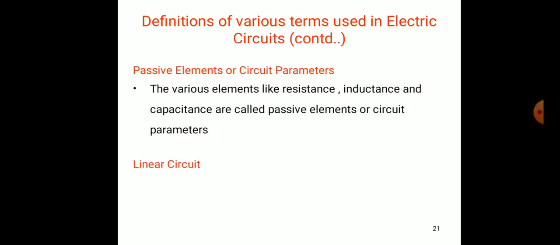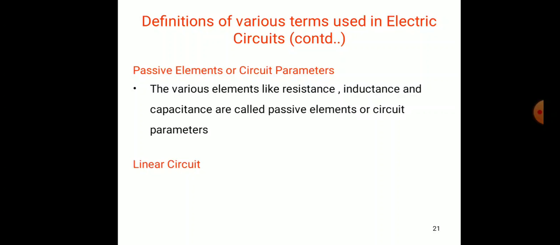Another classification is passive elements or circuit parameters. Passive elements are those which accept energy or do not deliver energy. Resistance, inductance, and capacitance are called passive elements or circuit parameters.